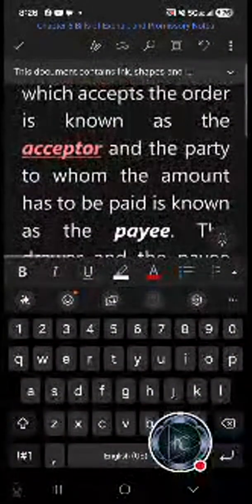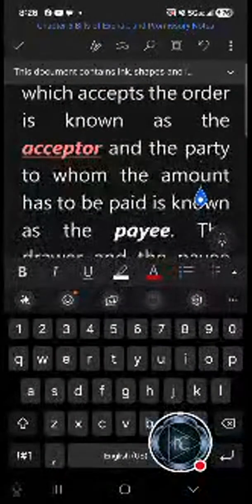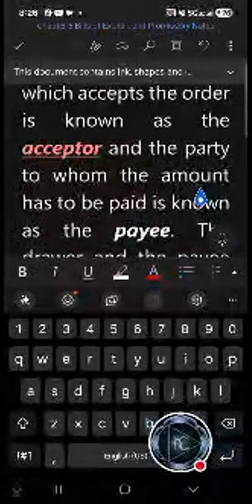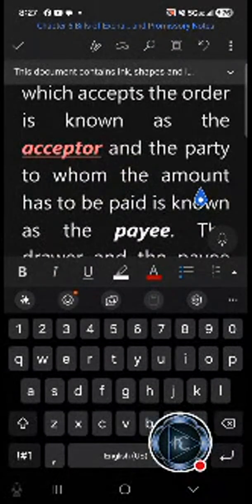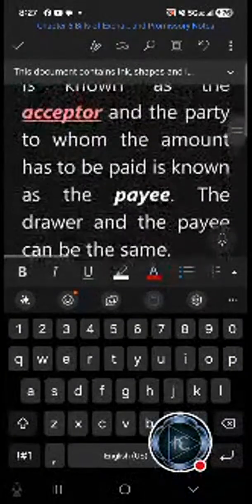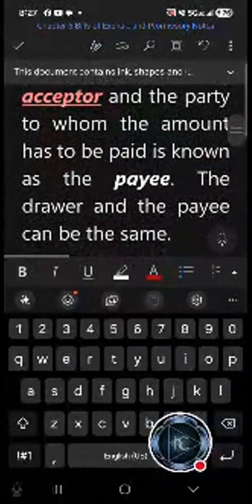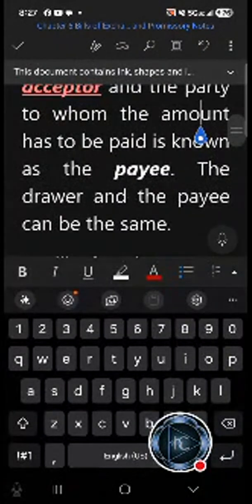And the party to whom the amount has to be paid is known as the payee.